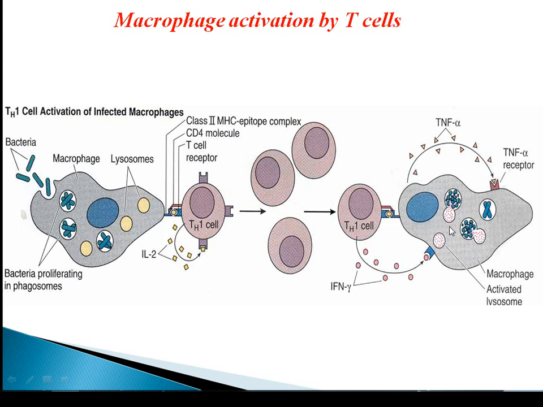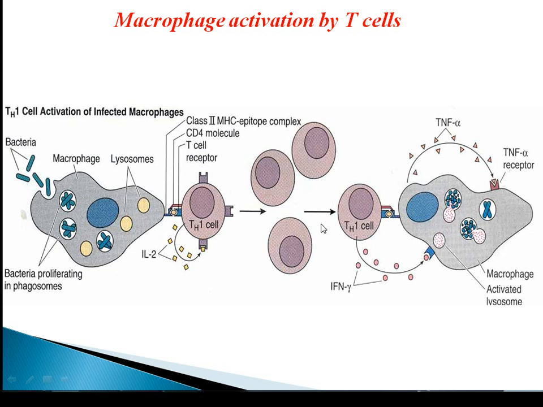And then what we will have here is that inside of this cell are produced reactive oxygen radicals, like superoxide, hydrogen peroxide, and hypochlorous acid. Then hydrolytic enzymes are also activated, and they will destroy bacteria. So as we see here, the activation of phagocytosis of the macrophage also requires activation by the T helper cells.